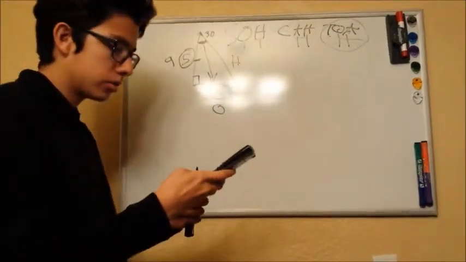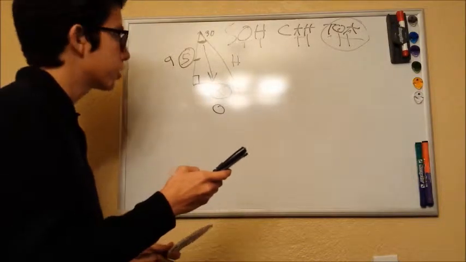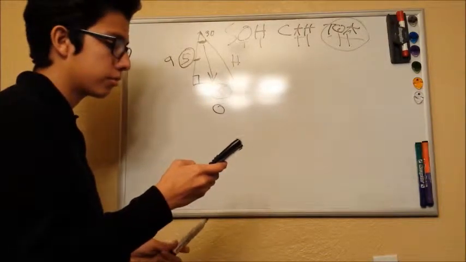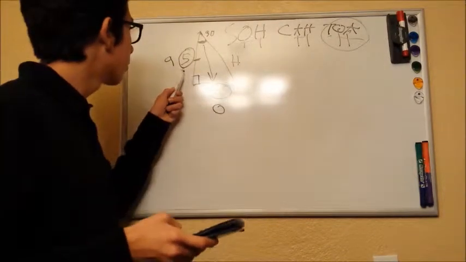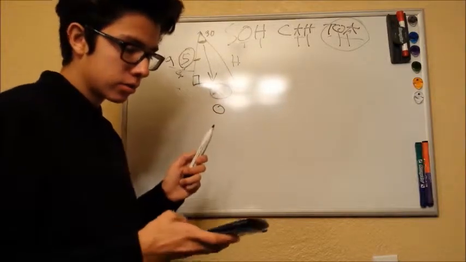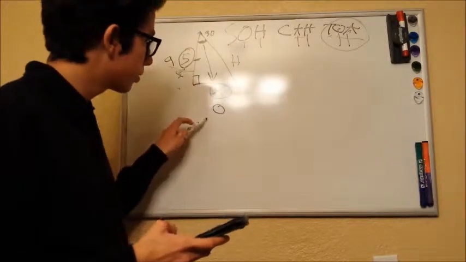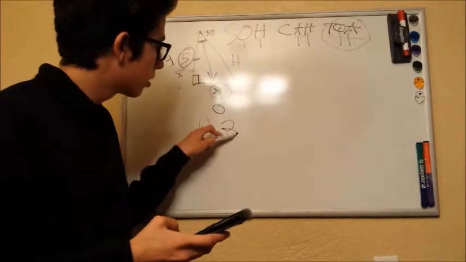Punch in the angle you want. The cosine of 30 is 0.866025. Once you have that number, you would times it by the number that you already have, which is 5 here. That times 5, that's 4.3. So this missing side is 4.3.